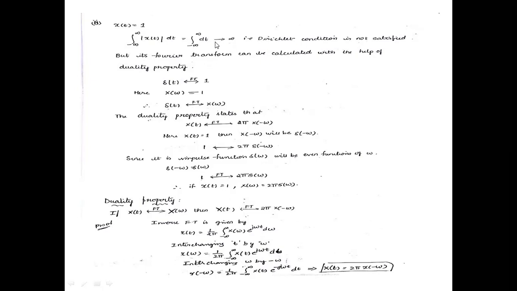It's not absolutely integrable because it is a constant value. So delta of t, the Fourier transformation, we already know is 1. Here, x of omega is equal to 1.